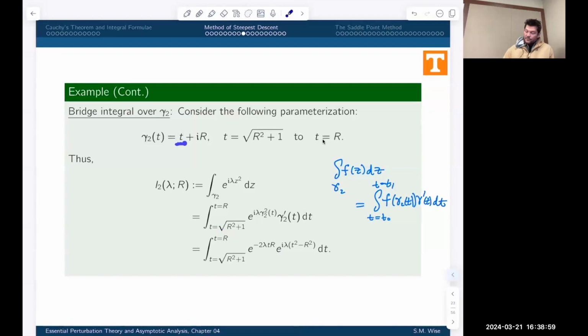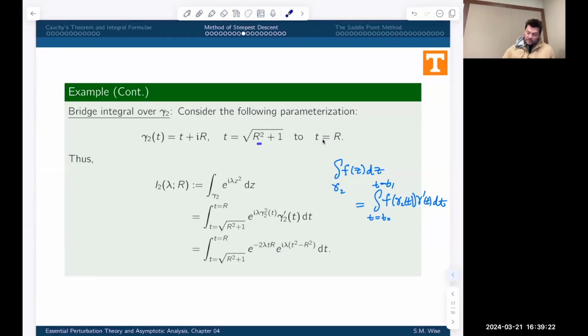So I can state that very simply as gamma 2 of t is equal to t plus iR, where t goes from square root of R squared plus 1 to t equals R. Does it make sense?